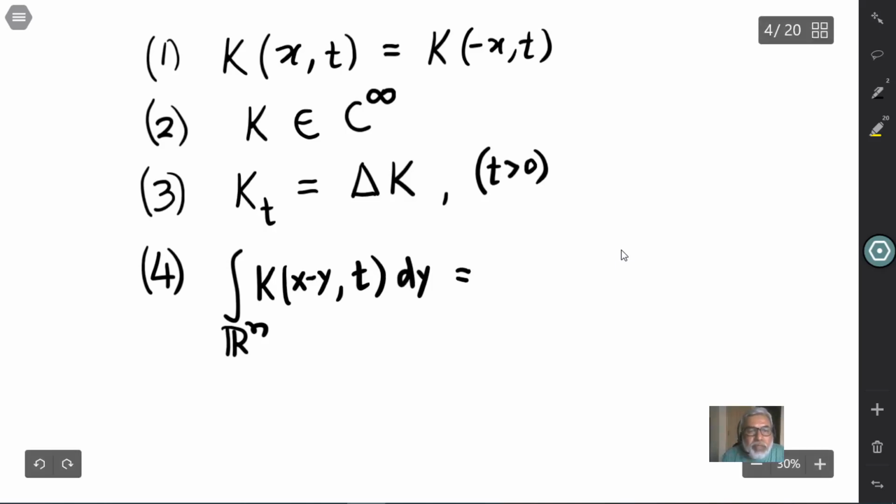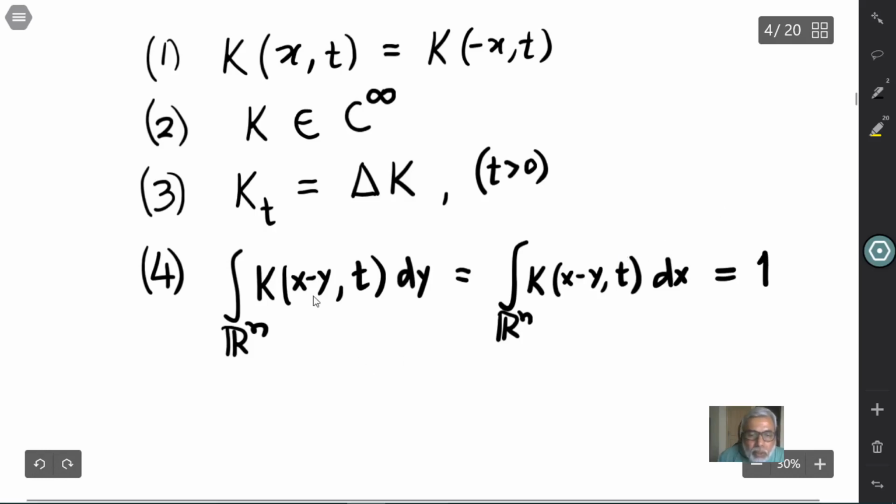From the first property, it is symmetric with respect to the x variable, so I can interchange that: k of x minus y, t dx. So this is 1. In the first integral, I am integrating with respect to the y variable, so this integral is 1 for all x in Rn. And in the second integral, I am integrating with respect to the x variable, so this integral is 1 for all y in Rn.